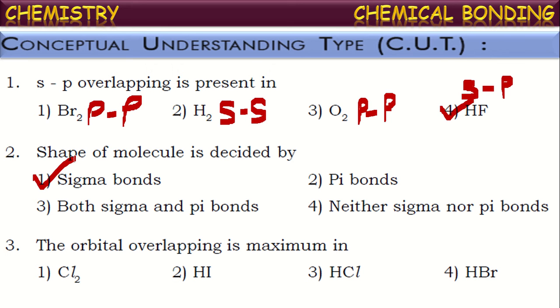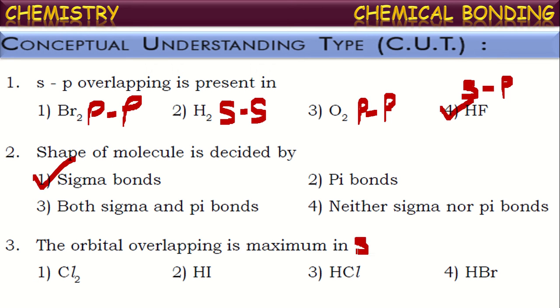Next one, the orbital overlapping is maximum in. Orbital overlappings are of different kinds. We have seen already ss overlapping, sp overlapping and pp overlapping. Out of these, as the extent of overlapping increases, the strength of the bond increases. So the overlapping extent will be maximum in case of pp overlapping.